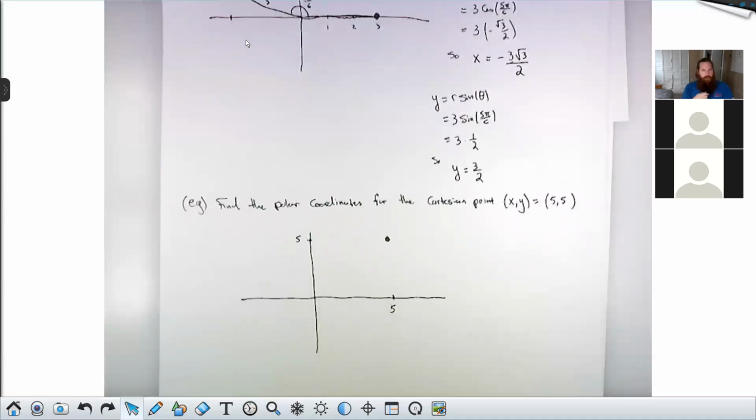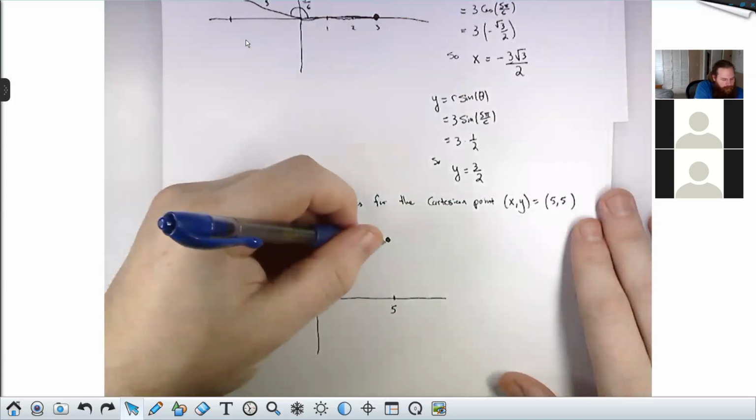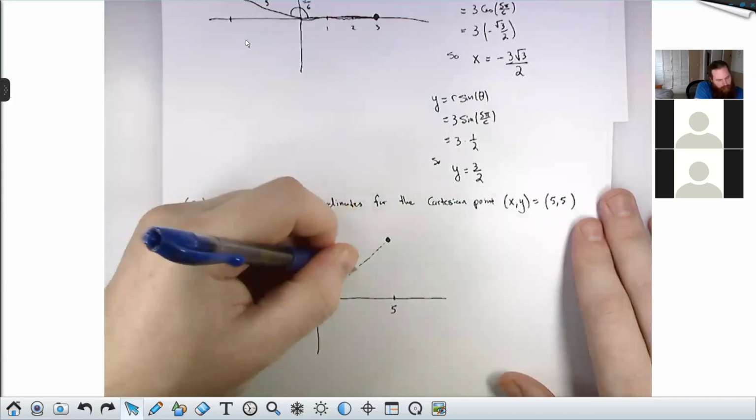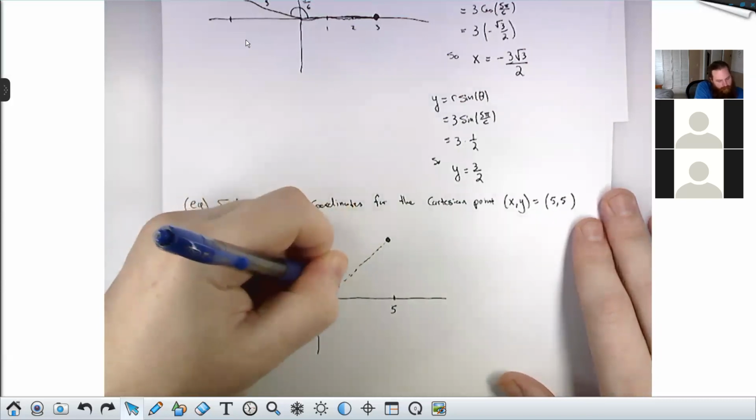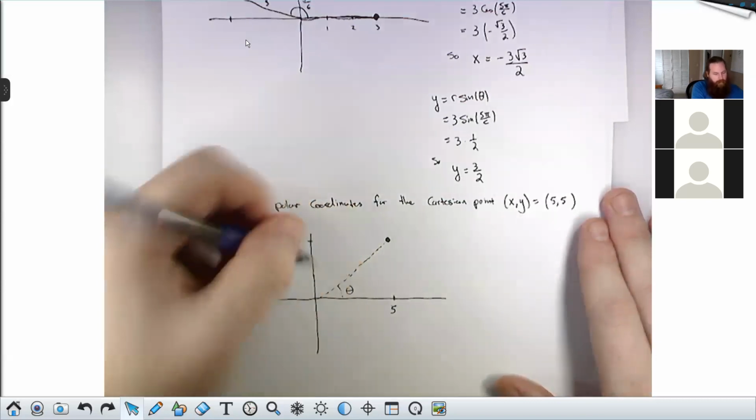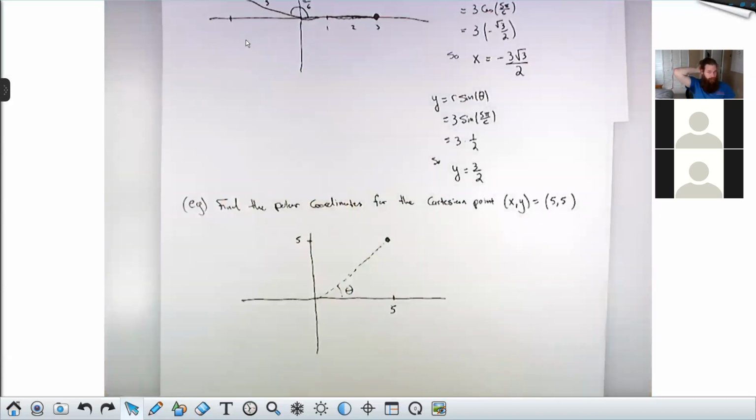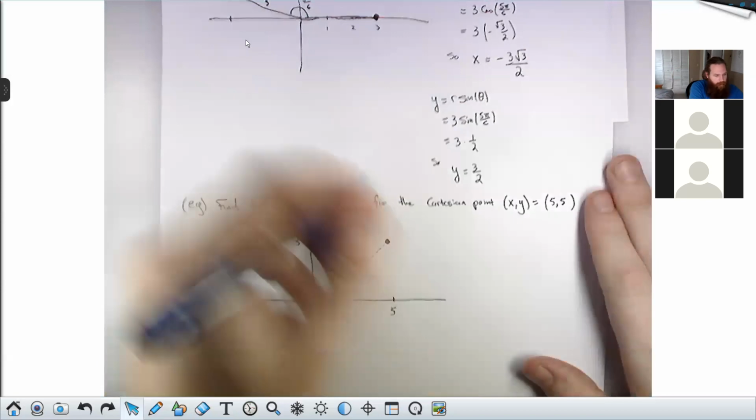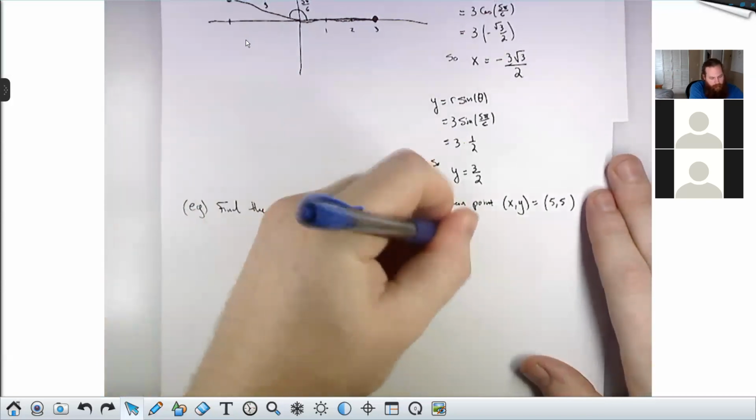Okay, so let's come back to this guy. I want to find r and theta. So I want to find what is this distance and what is this angle. I know that x squared plus y squared is r squared.